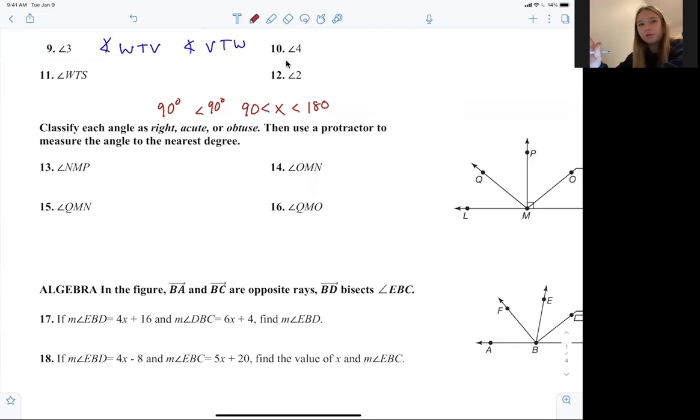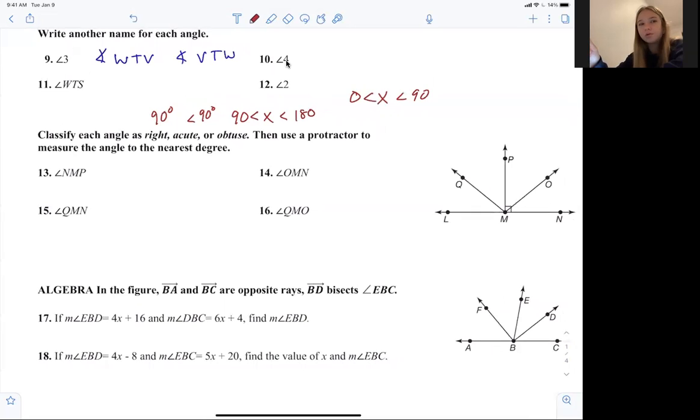That's how I'd prefer you write it. Acute technically is less than 90, but greater than what? 0. Greater than 0. Later you'll realize that angles can be negative and angles can be positive. But right now you just know angles from 0 to 180.